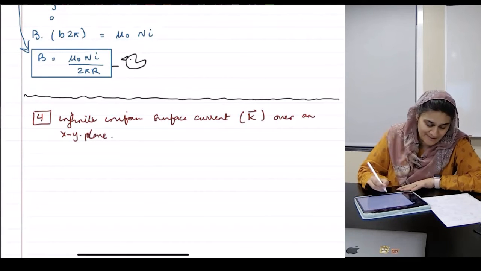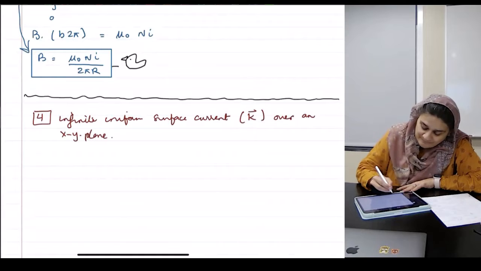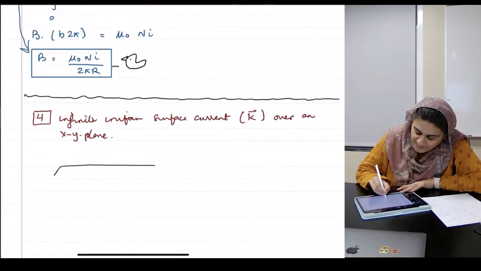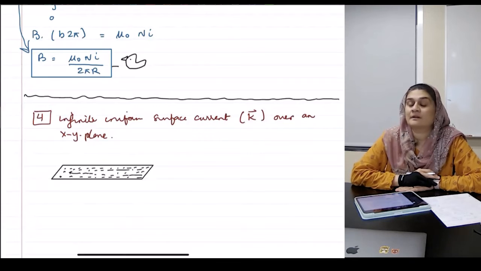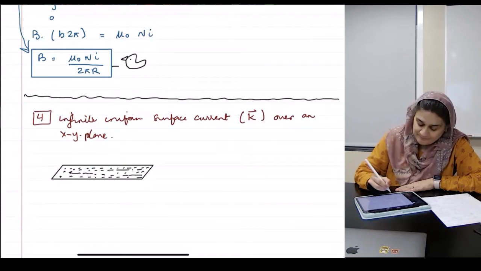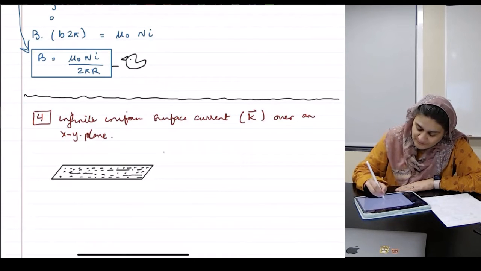So let's say this is my picture. This is my surface. It is in the XY plane, so I'm going to be able to say that, right?